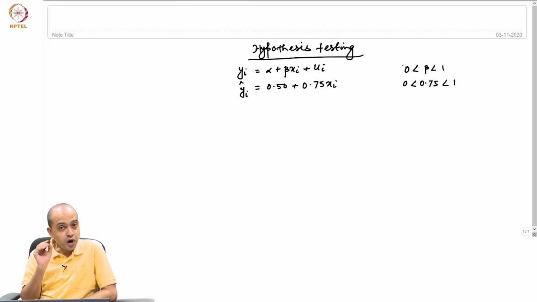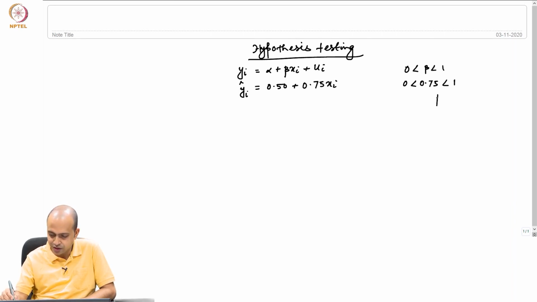right. Now, why is hypothesis testing required? As we said, we want to ensure that this value of beta hat, 0.75, we are getting not by a chance factor. We would like to ensure that there is a statistical mechanism that guarantees that even if you collect 100 samples from the same population, in more than 90% of the cases you will get a beta hat value like this, right.